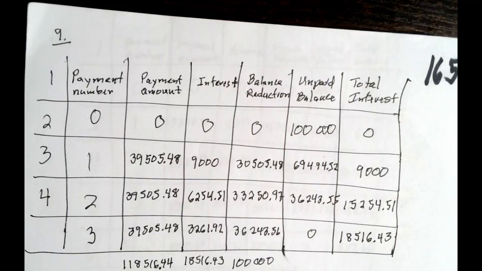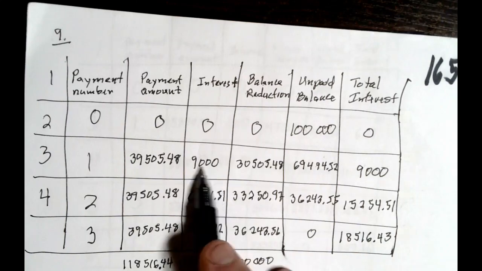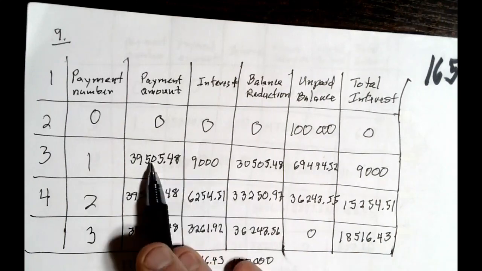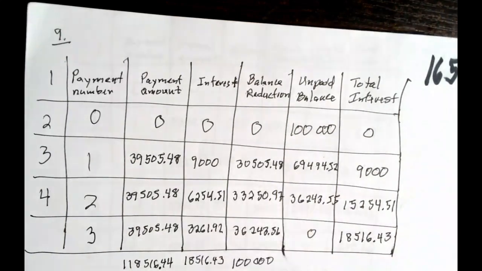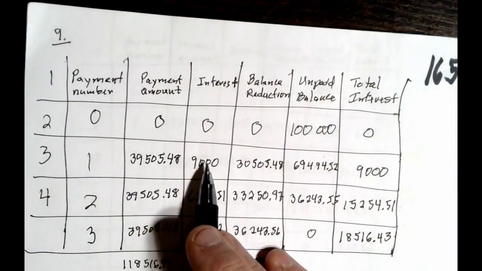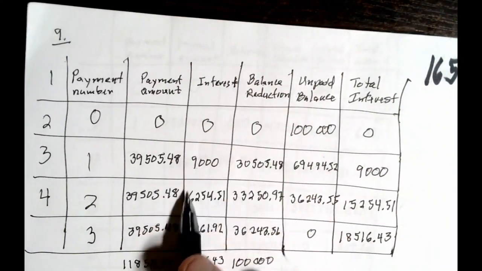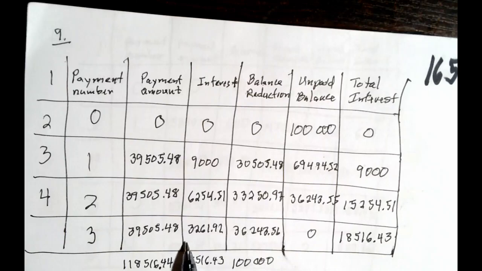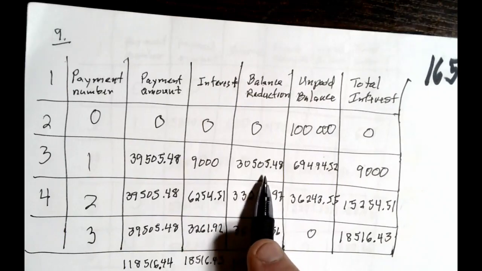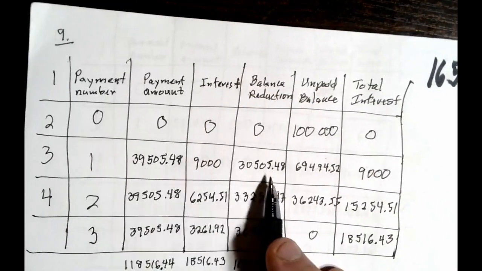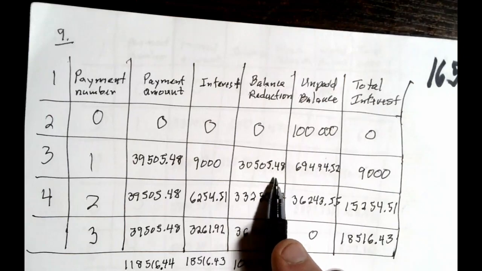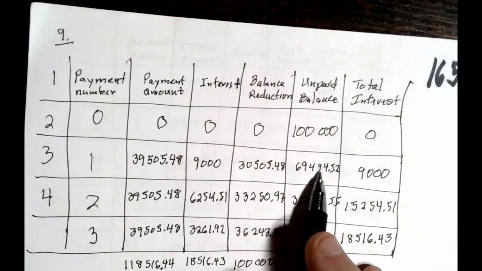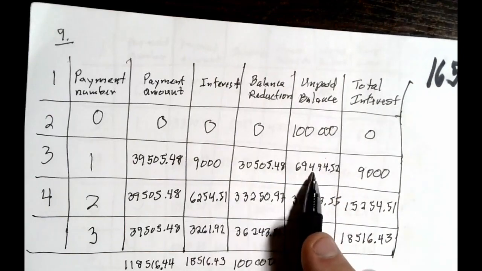You can calculate what R is. So now your payments are these 3. And the interest that is accrued on this is 9% of 100,000, which is 9,000. And the balance reduction is the difference between these two, 30,000 something. And then what's left of 100,000 from this is your 69,000 that's left.